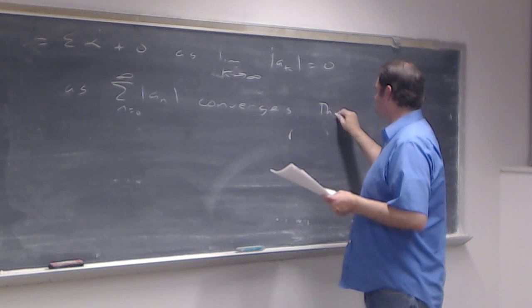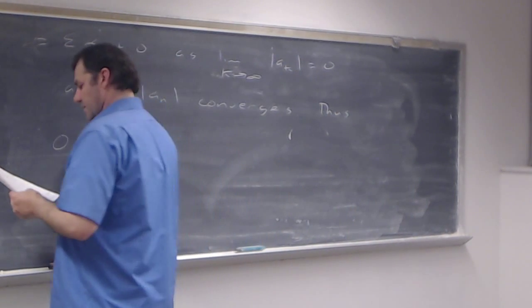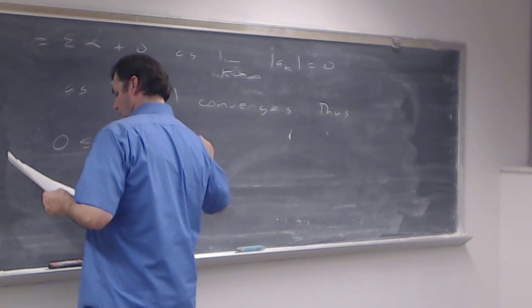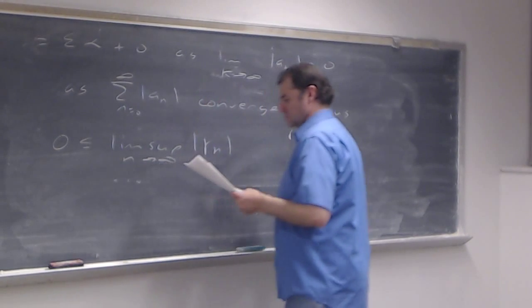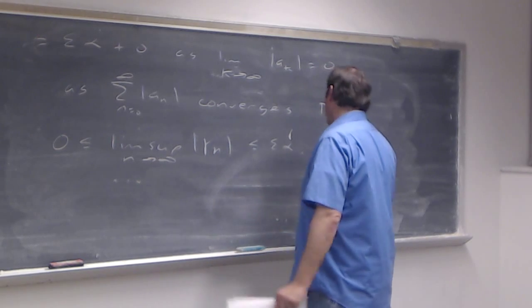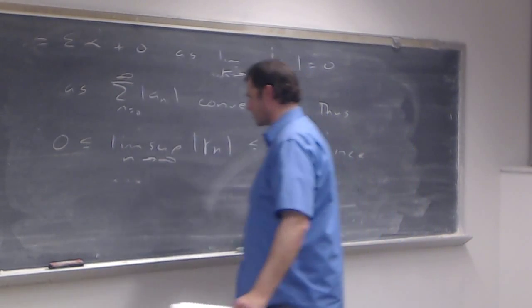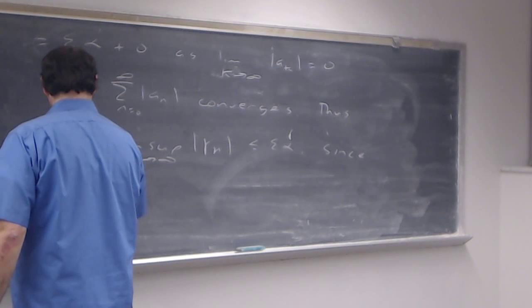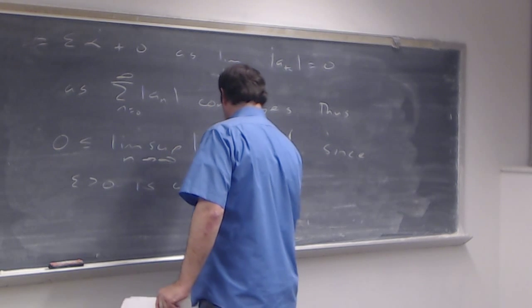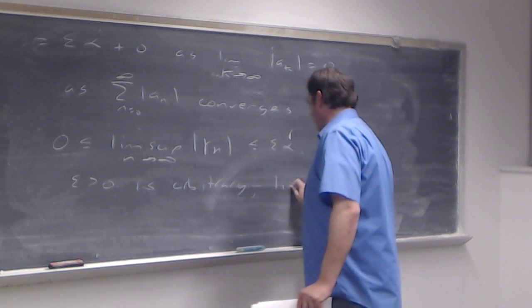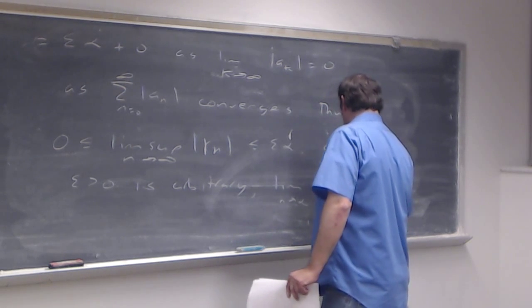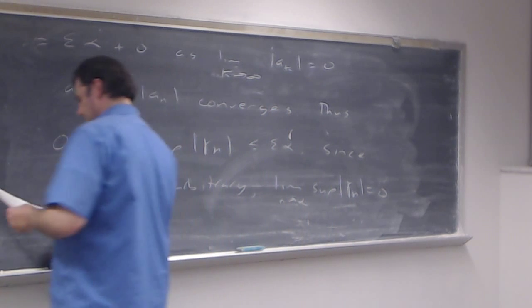Thus, what we have is that 0 is less than or equal to the lim sup of gamma sub n, which is less than or equal to epsilon times alpha. Since epsilon is an arbitrary positive number, that means that the lim sup of the gamma sub n has to equal 0.